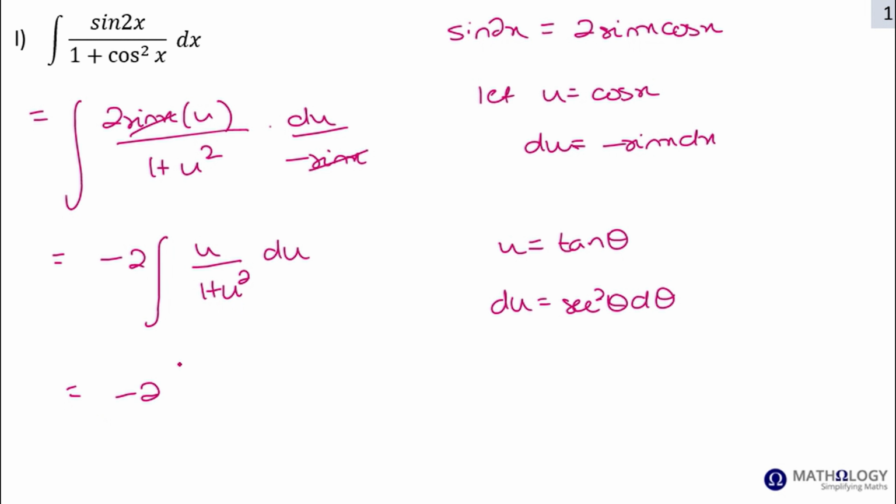So we have minus 2 times the integral of u, which is tan theta, over 1 plus u squared. So 1 plus tan squared theta, times du, which is sec squared theta d theta.